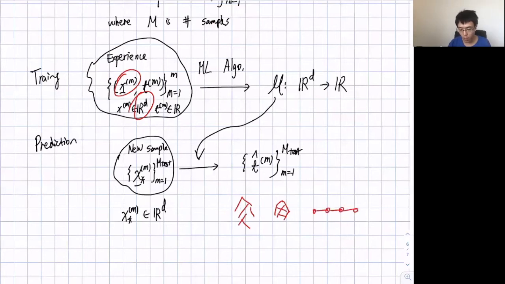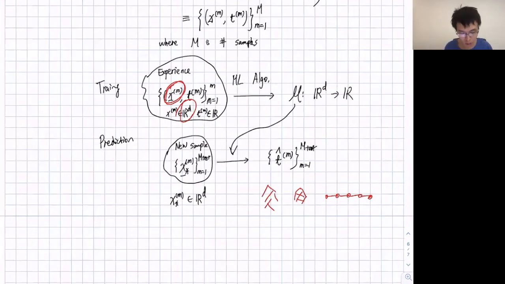Some sentences may be short, some may be long. It's not a fixed dimensional signal. As a starting point, in this course, we mainly focus on fixed dimensional input, just like a d-dimensional space. It can be real valued. It can also be categorical, so you expand it as a one-hot representation.